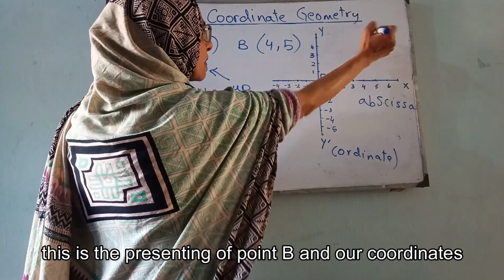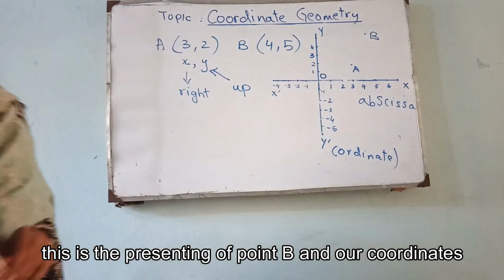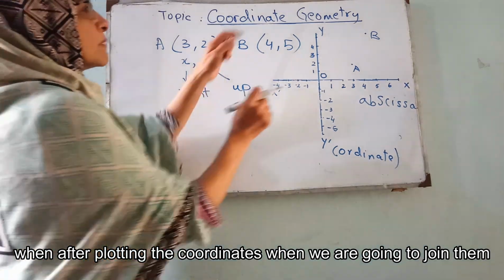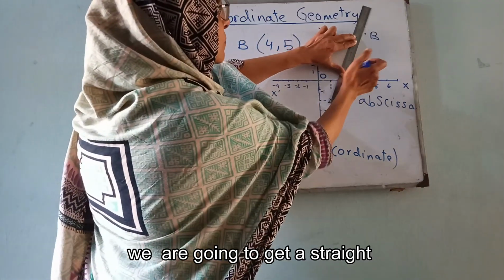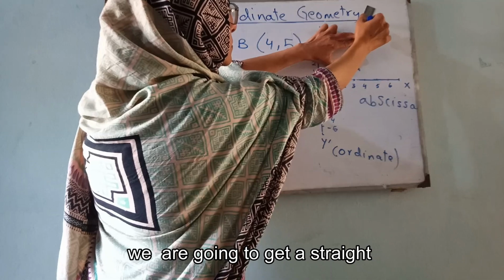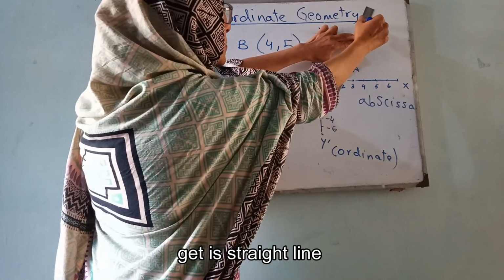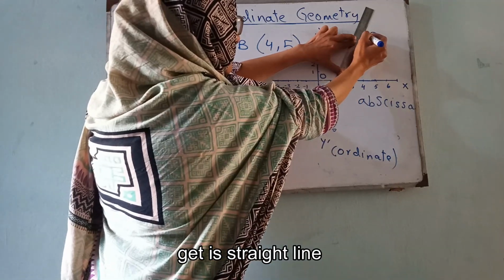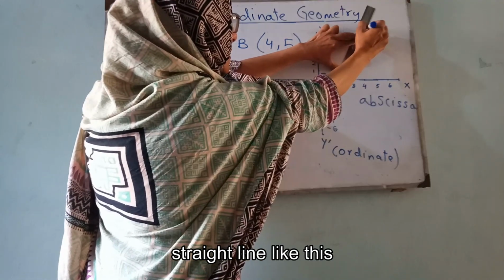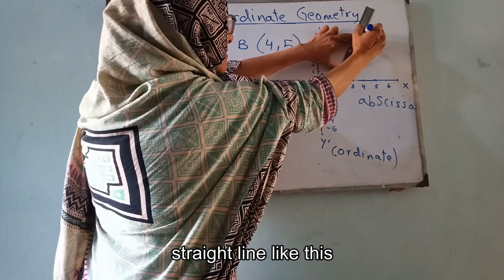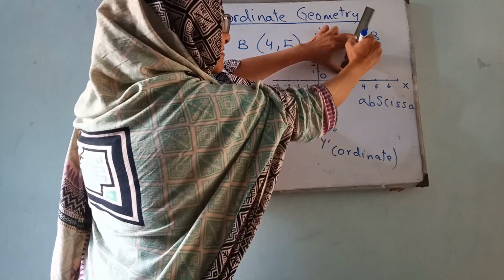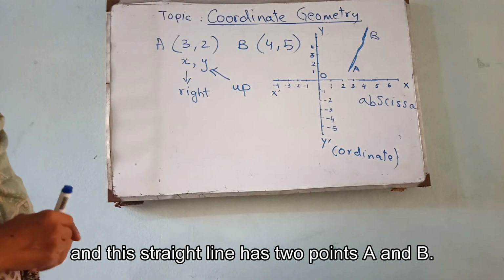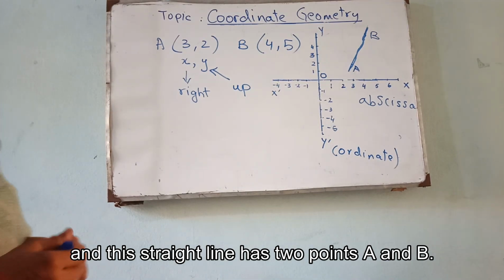This is representing our point B. After plotting the coordinates, when we join them, we are going to get a straight line like this, and this straight line has 2 points A and B.